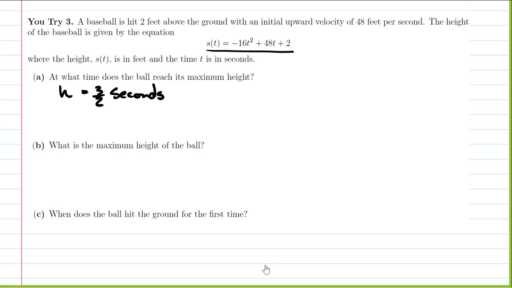So most people don't say 3 over 2 seconds, so we would say 1.5 seconds. What is the maximum height of the ball? Well, that's going to be k, and k was 38, and our output was measured in feet. So this says that the ball will reach its maximum height after 1.5 seconds. The maximum height that the ball reached was 38 feet above the ground.